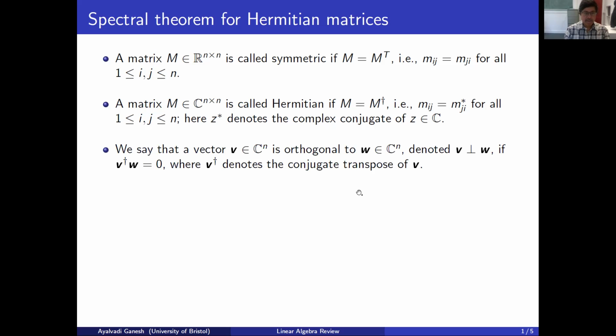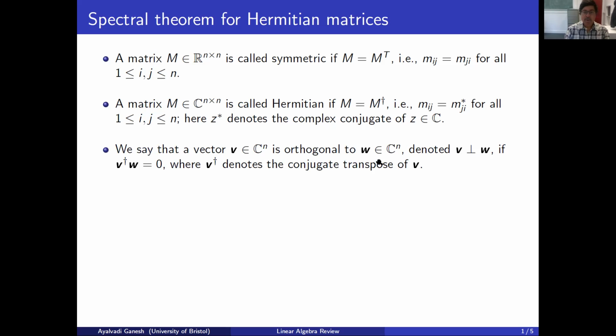Okay, and a bit more terminology. We say that vector V is orthogonal to a vector W, which we denote by V perp W, if the inner product is 0, and the inner product is defined this way. Whenever we mention a vector, by default, it's a column vector, unless we say otherwise.